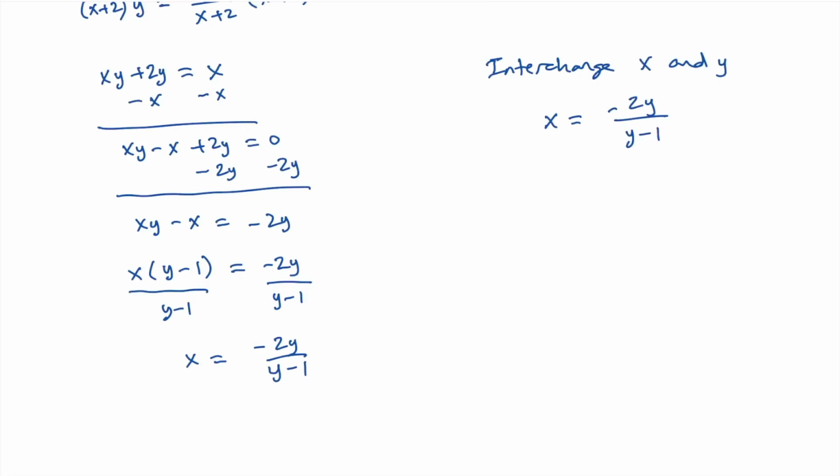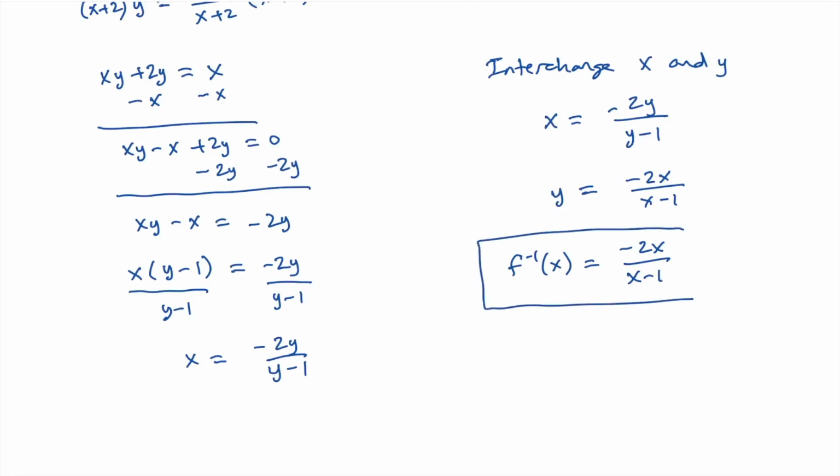And all we need to do is where we see an x, we put y, and where we see y, we put x. So we get y equals minus 2x over x minus 1. And so now we can say f inverse of x is equal to minus 2x over x minus 1. And that is our final answer.